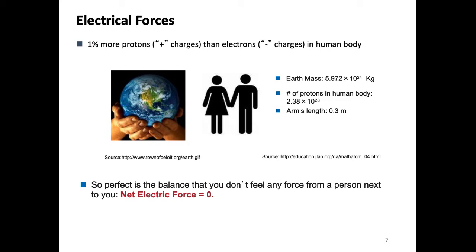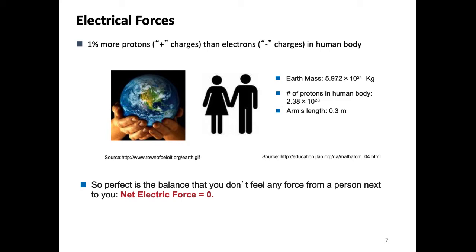So let's think about this hypothetical situation. For example, we all know we have plus and minus charge in the world, but we don't feel it. And the reason why we don't feel it is because macroscopically the electric field coming out of those charges are averaged out to be zero. In other words, the number of plus and number of minus charges are equal.